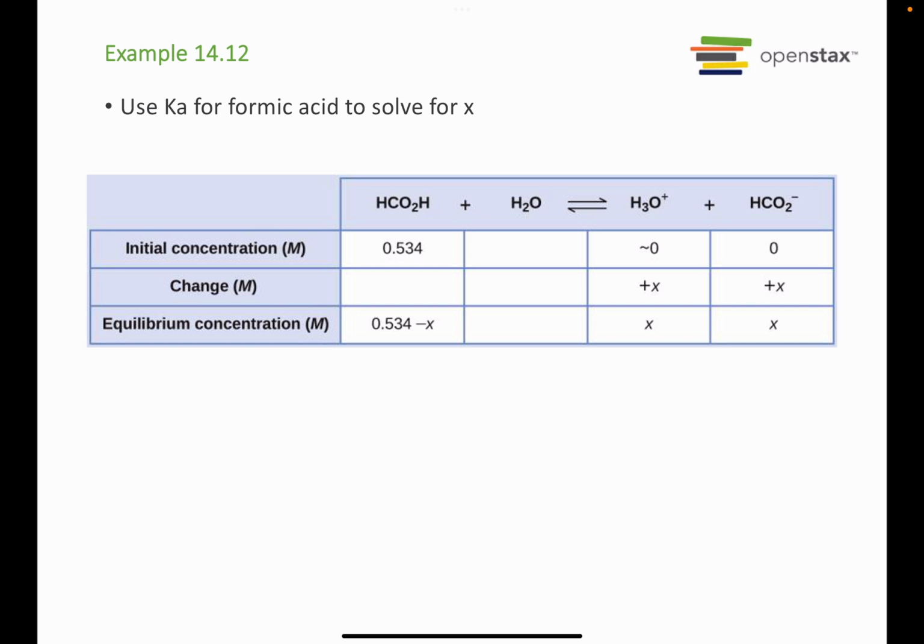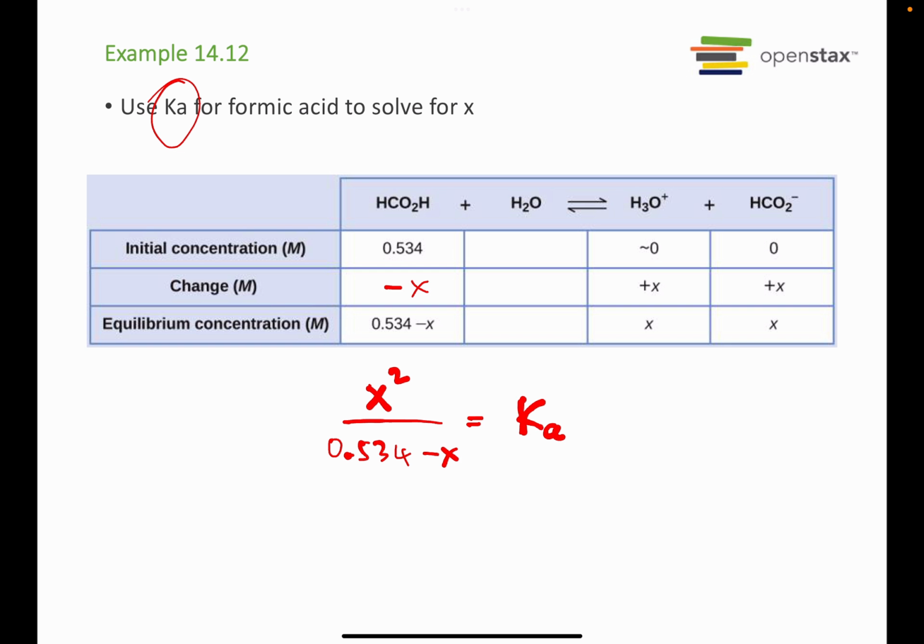Now, if you know Ka, you can solve for this. So let's say x squared divided by 0.534 minus x, and that's equal to Ka.